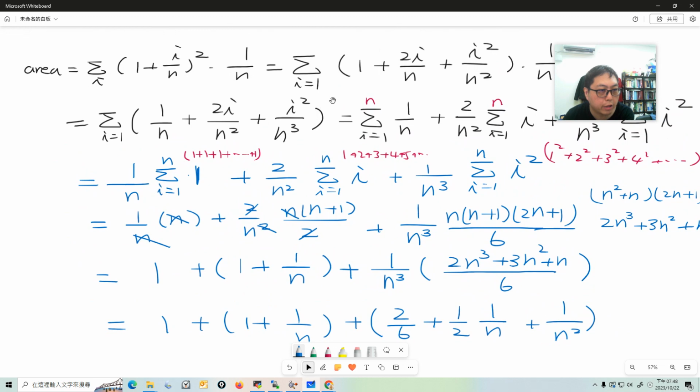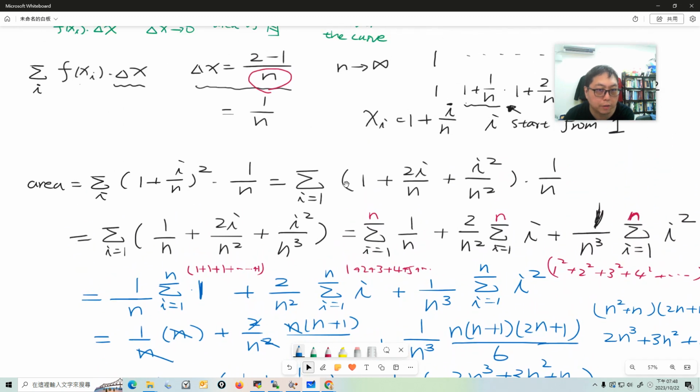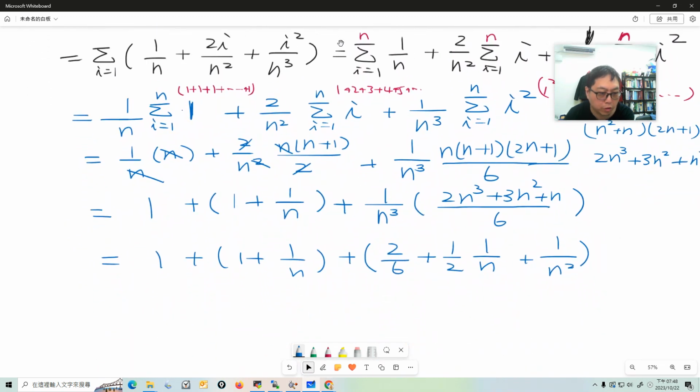And our n is approaching infinity. n is a very large number. Because n is approaching infinity, the 1 over n terms vanish. So our answer is 1 plus 1, which is 2, plus 1 over 3. So it's 7 over 3.